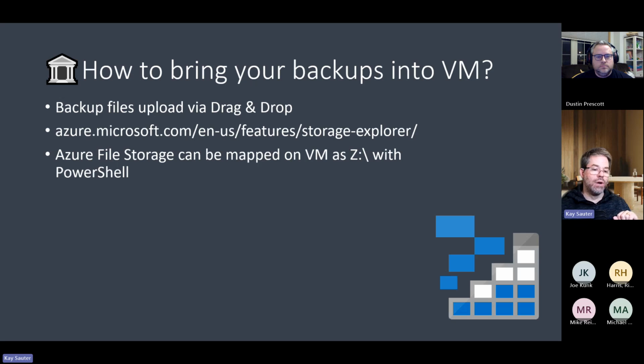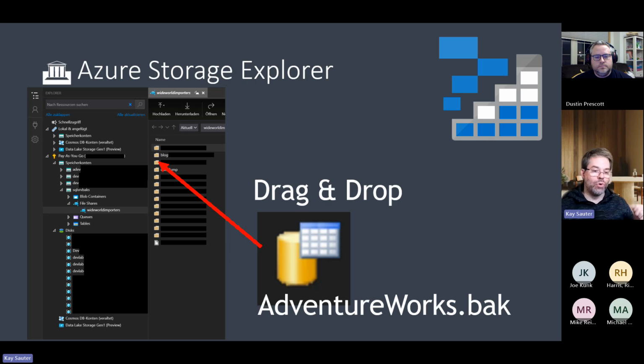It's a piece of software that Microsoft provides for free, and it looks like the File Explorer that we know on Microsoft Windows, but with a bit more, a bit like SFTP, and you can upload files just via drag and drop. This is how it looks. We can take the AdventureWorks backup into a folder and drag and drop. That's it.